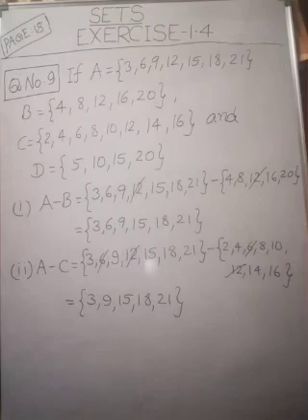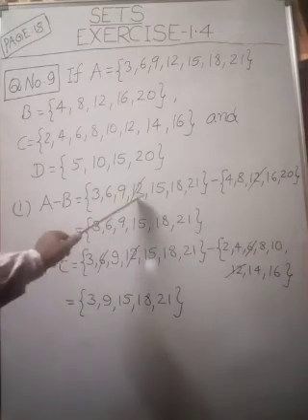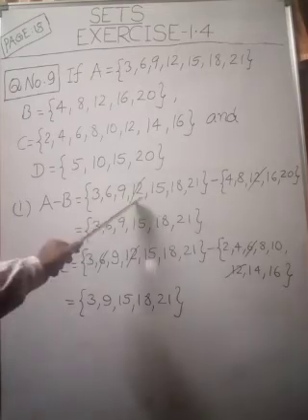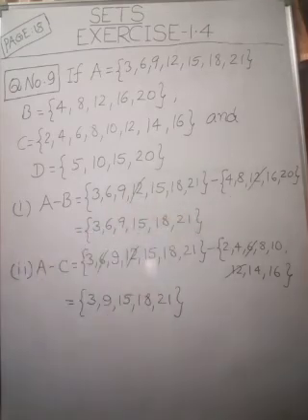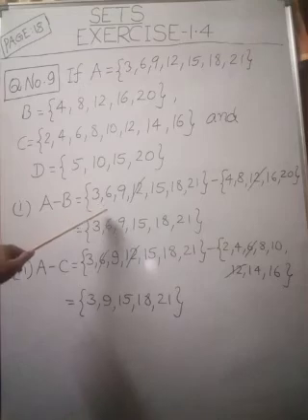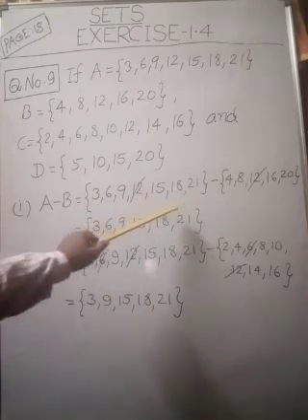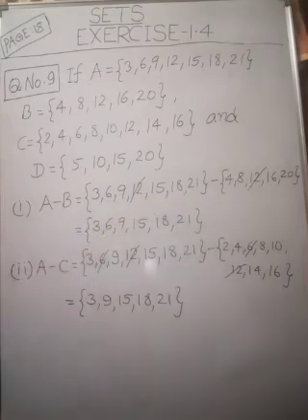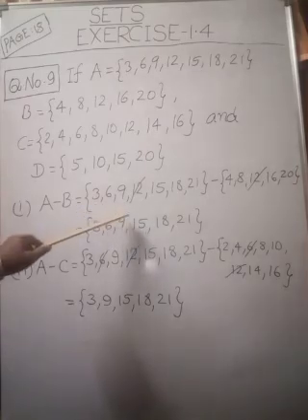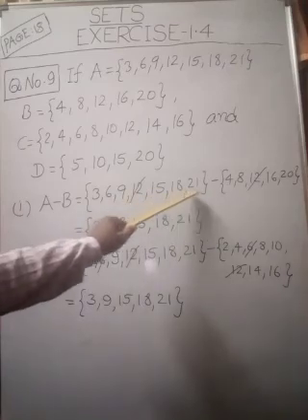Here one and only one element, that is 12, is common, so we have struck it out. After striking out the common elements, we have to write the elements which are left in the first set after cancellation. What are the elements left in the first set? 3, 6, 9, 15, 18, 21.